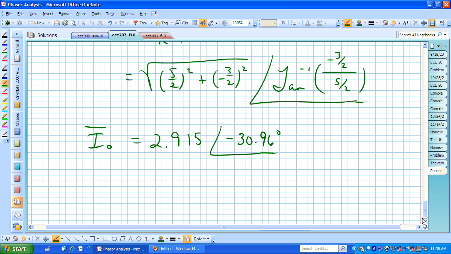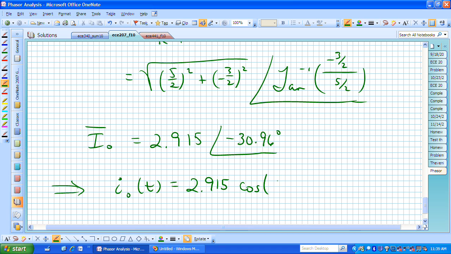That's the magnitude phase form or polar form of that phasor, which can instantly be used to write down the sinusoidal steady state output current flowing vertically down in that resistor, which we called I naught of t. It has a magnitude of 2.915.